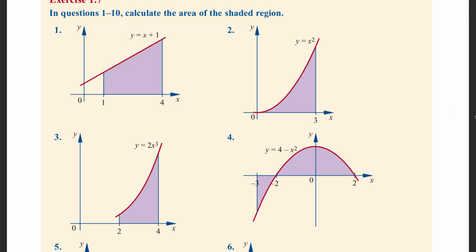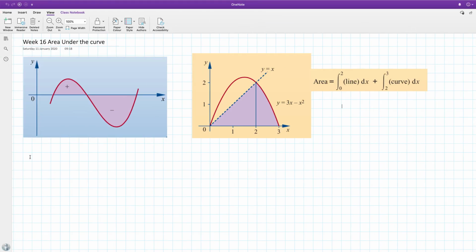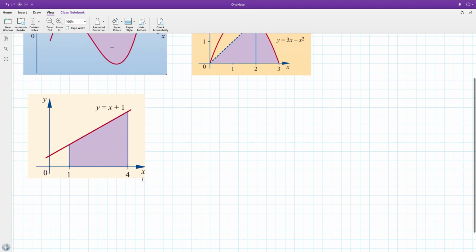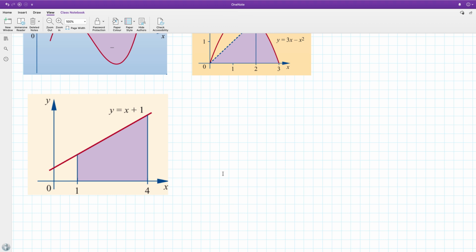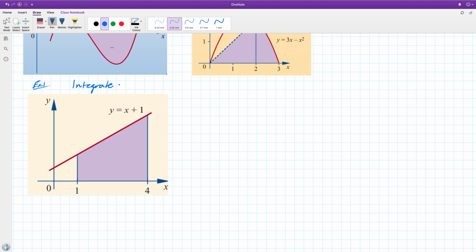So, start with the basic. We're going to integrate the following function to the x-axis. So anyone know how we're going to set this up from the start?